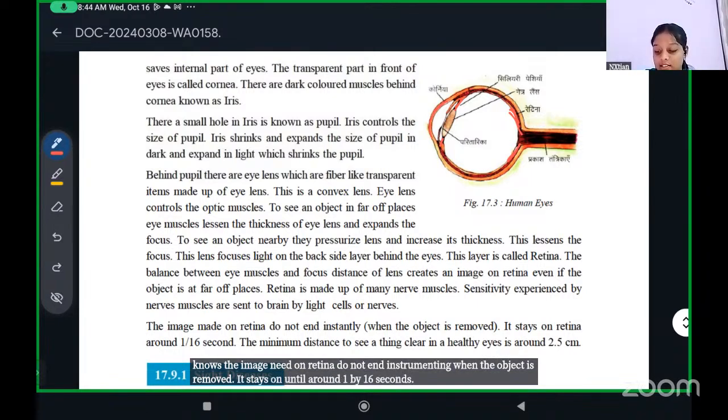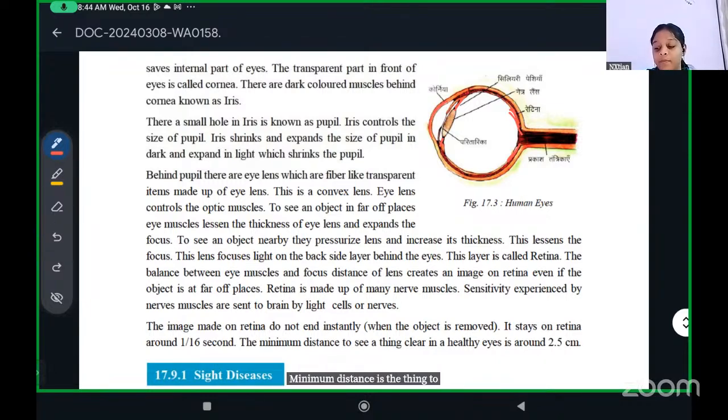The minimum distance to see a thing clearly in a healthy eye is around 2.5 centimeters. This is the close distance at which we can see things, around 2.5 centimeters, very small.